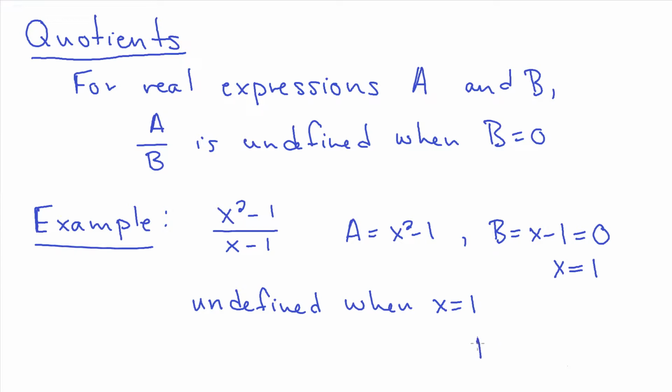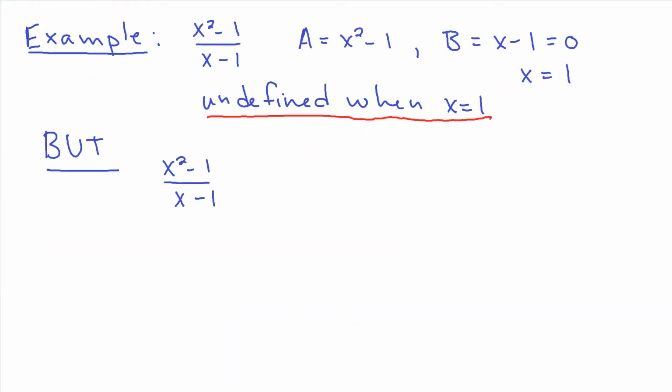Okay, but, and this is where things get complicated. You could take this original expression and factor the numerator. So I can factor x squared minus 1 as x plus 1 times x minus 1. Then I have this x minus 1 on the bottom, and I can cancel that x minus 1 on the top and the bottom.